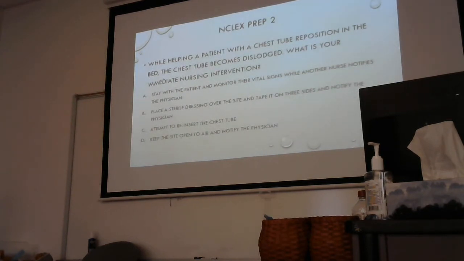B is the correct answer. Reestablishing your negative pressure environment is the priority, and all the other options are incorrect. Now, A is very tempting. You're going to want to stay with your patient and monitor the vital signs until someone else arrives, but you've got a little bit of time there, so you should take care of the priority.